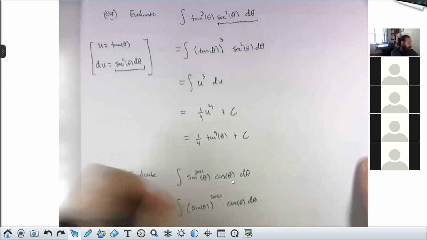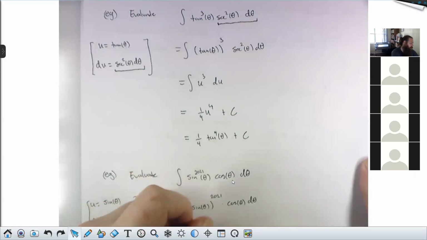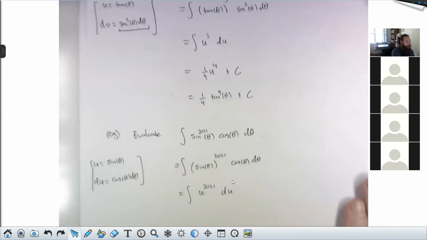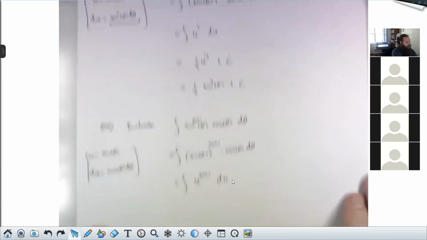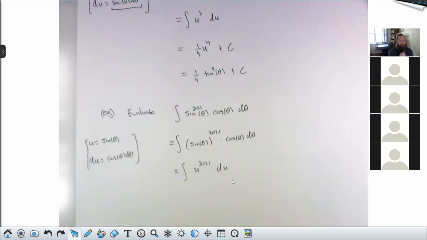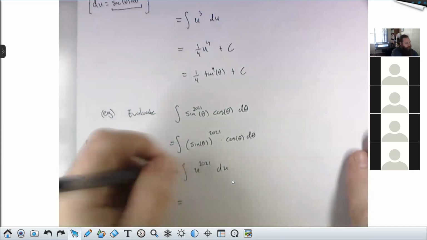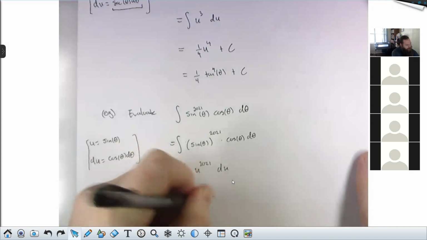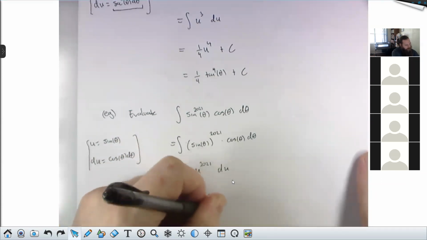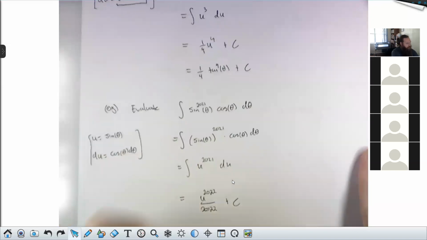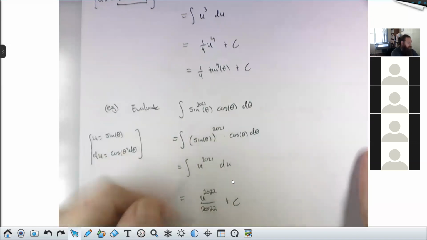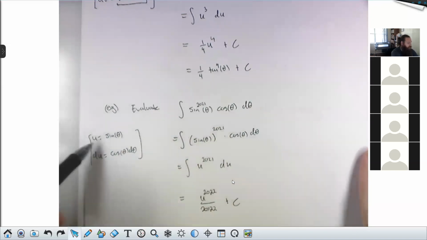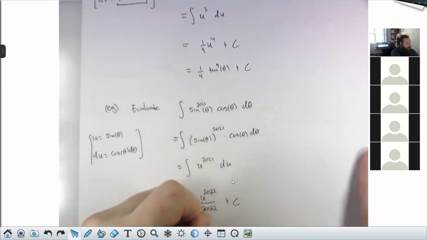And this will become the integral of u to the 2021 du. There are variations on these problems. So this would be u to the 2022 over 2022 plus a constant. And then at the very end, having already done our antiderivative, we plug back in.